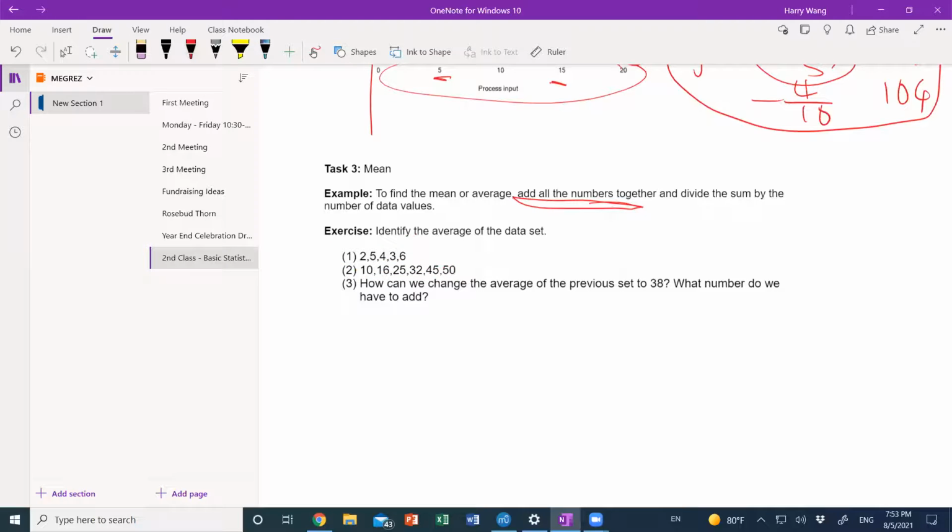Now, an interesting thing that you will actually be using average for is, how can we manipulate the average of a data set? Let's say your grade in school is based off the average test score that you've taken.